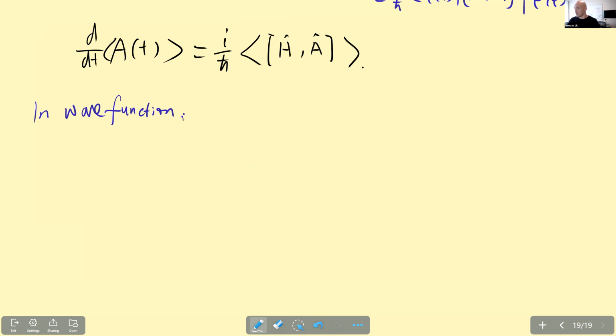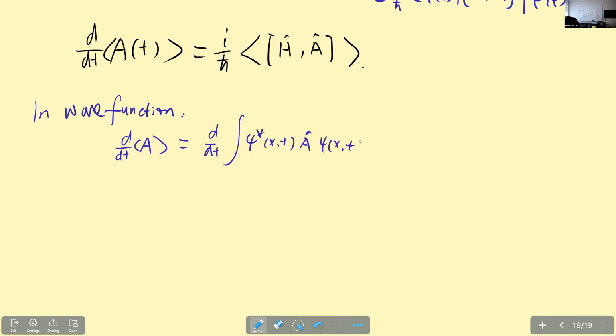Okay. Let's look at d over dt of the expectation value of a. This of course equals d over dt of the integral of psi conjugate of x,t, a, psi of x,t, dx. And you have two terms. One is psi complex conjugate and a and d over dt of psi x,t, dx.